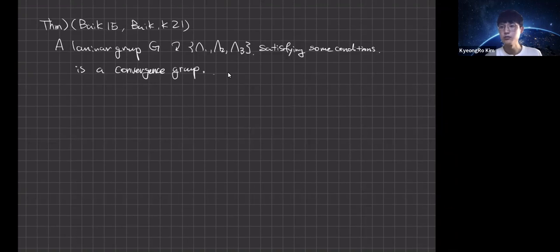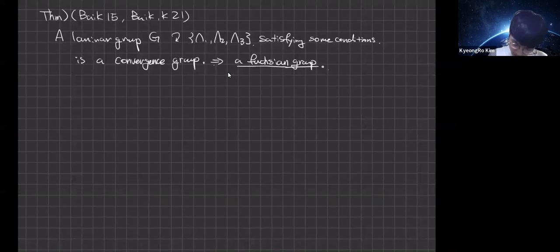So by the convergence group theorem, we can conclude this group is a Fuchsian group, which is a kind of fundamental group of a hyperbolic surface.